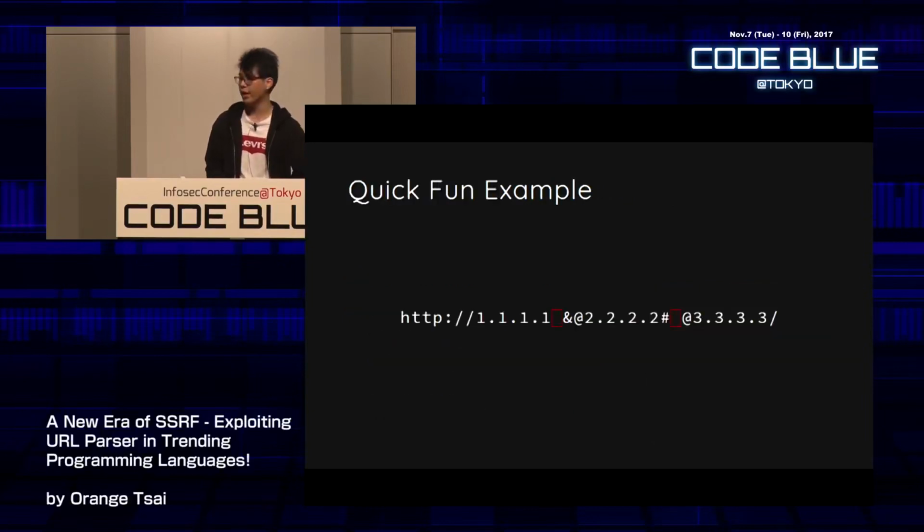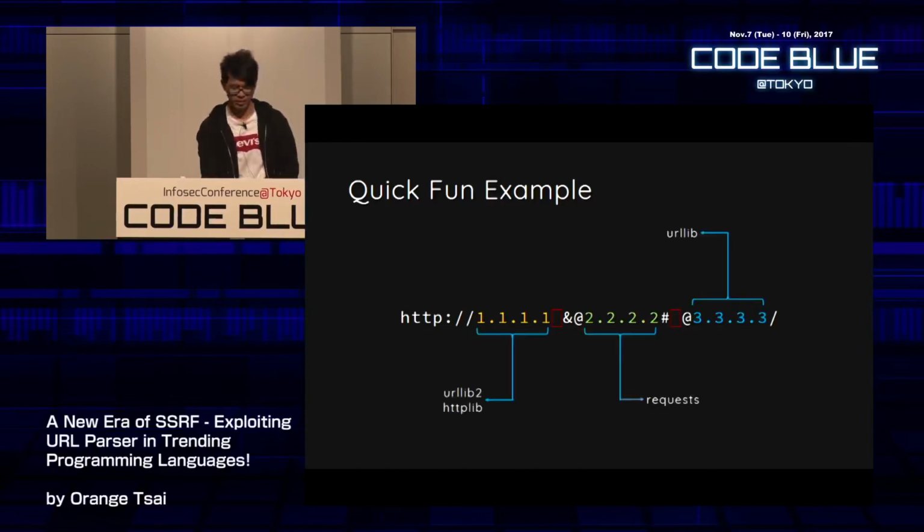Let's start with a fun example. Think about this URL. The red square is the space. So, which address is Python going to access? You have 5 seconds to put the answer in your mind. Do you have the answer?